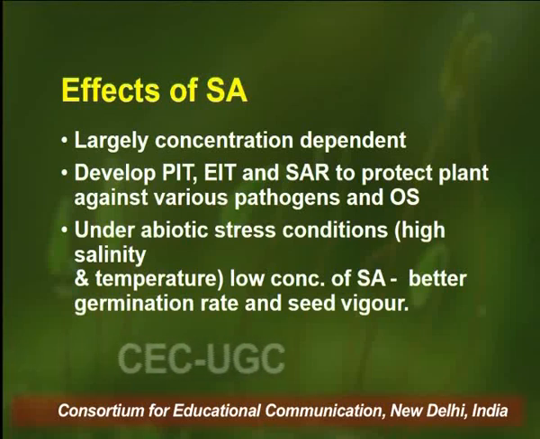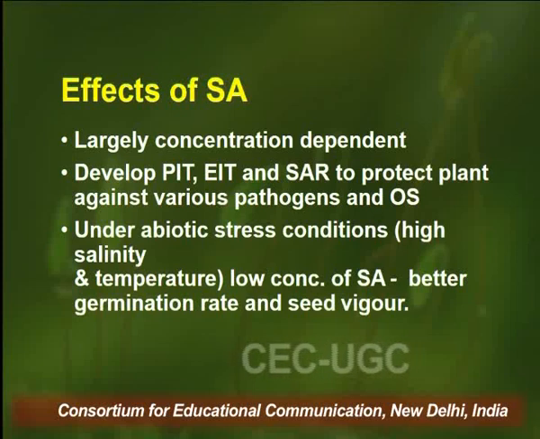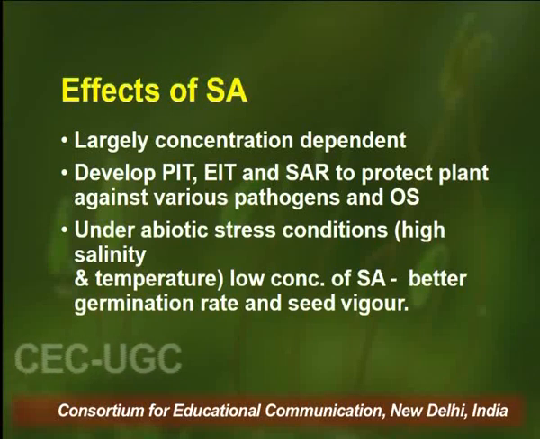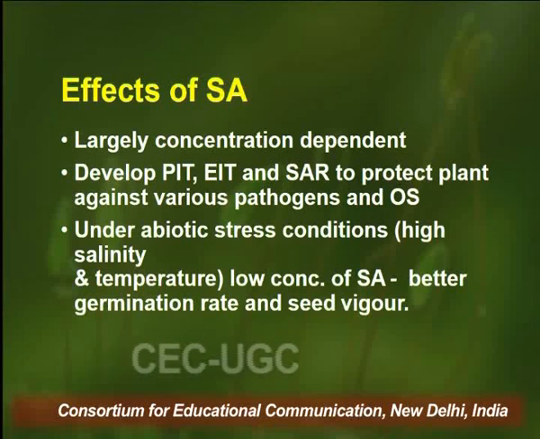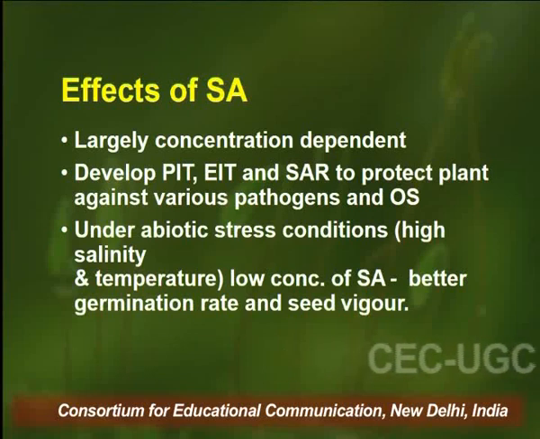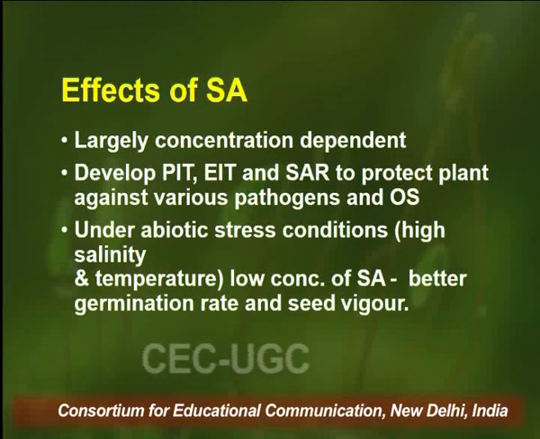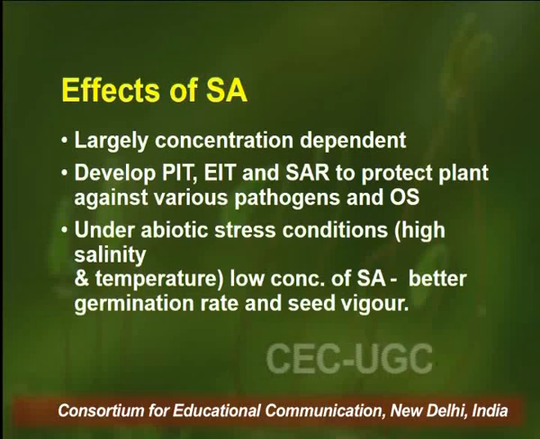Salicylic acid has been found to develop PAMP triggered immunity, effector triggered immunity, or systemic acquired resistance in the plant against various pathogens and oxidative stress. Under abiotic stress conditions such as high salinity or temperature, a lower concentration of salicylic acid has been found to increase the germination rate as well as seed vigor. So this is an example of how the concentration of salicylic acid will produce its positive effect.